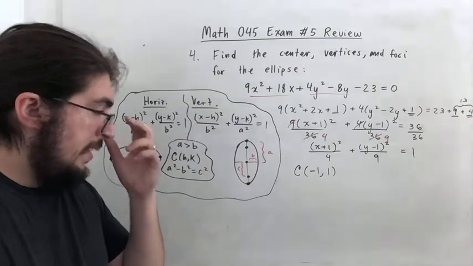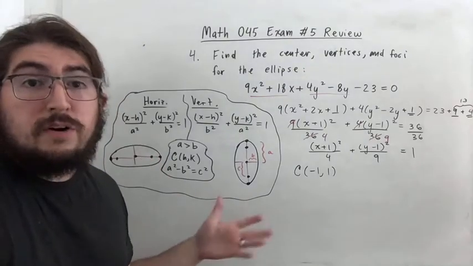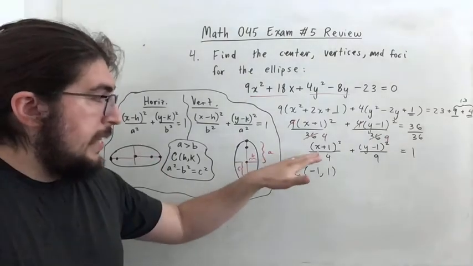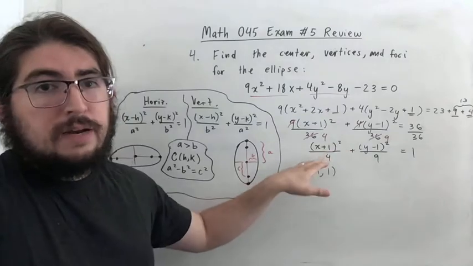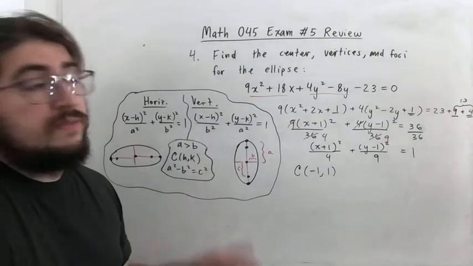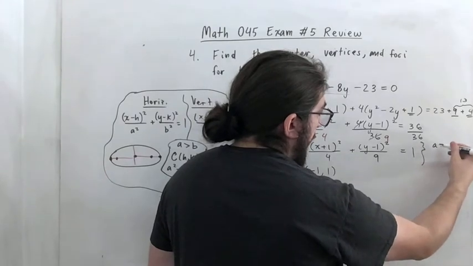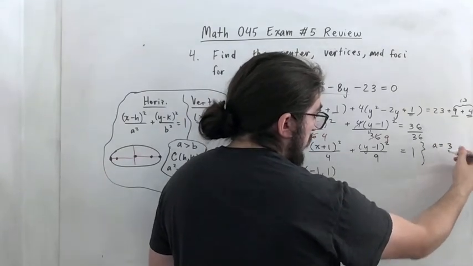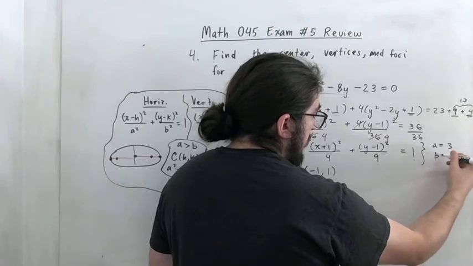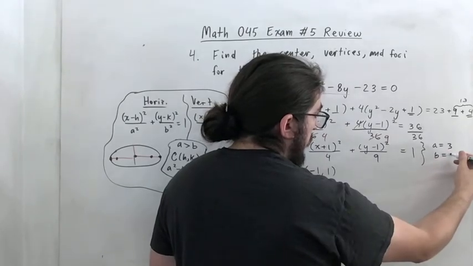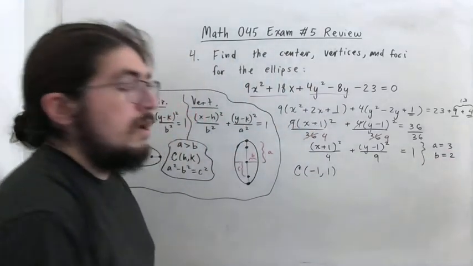Perfect. But now here's how this goes as far as graphing. You look at a and b. Now a is not 9, b is not 4. They're the square roots of those numbers. So maybe I'll write here, a is the square root of the larger one, square root of 9 is 3. B is the square root of the smaller one, and the square root of 4 is 2. Okay. What about c?